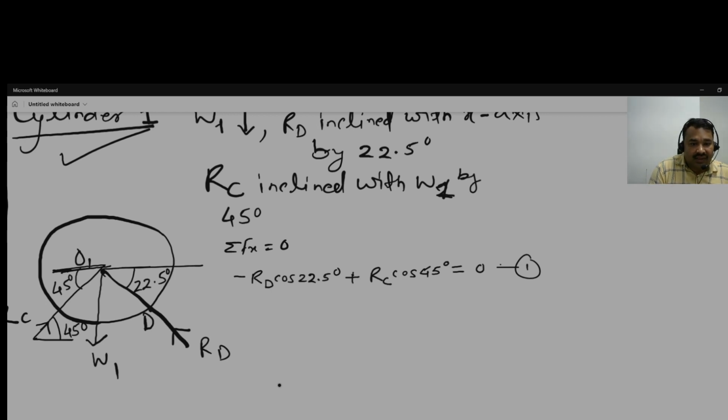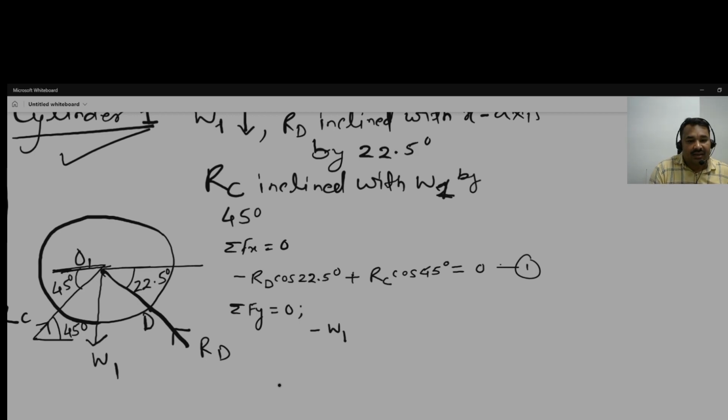And then we have to satisfy summation of Fy is equal to 0. Then what we get? W1 is acting in the downward direction, that's why with a minus sign.